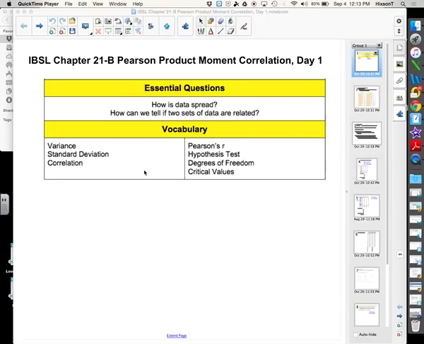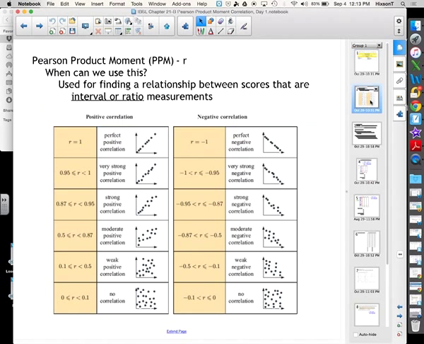But let's look at some general guidelines. Your book provides this. The Pearson product moment, we use R to represent this value. And some general guidelines for strength. Notice here, an R value of 1 is perfect, we already said that.